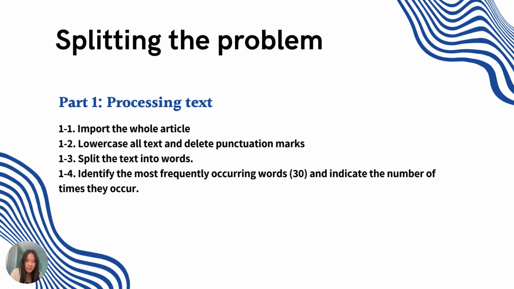The first step is to import the whole article, of course, and the second is to lowercase the text and delete the punctuation marks, so it removes the misjudgment from the pattern. The third one is to split the text into words, and the last one is to identify the most frequently occurring words, which I set as the top 30, and indicate the number of times they occurred.